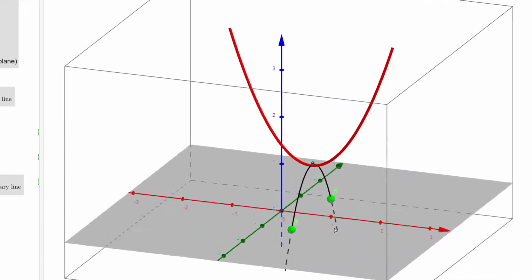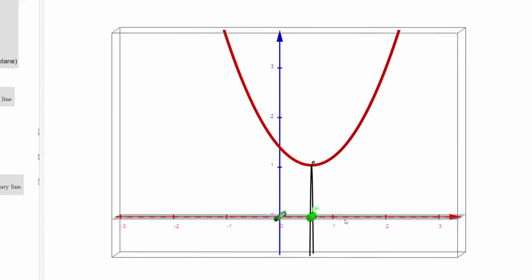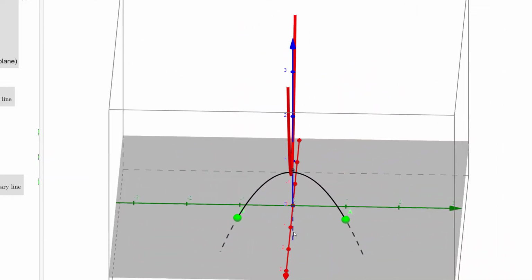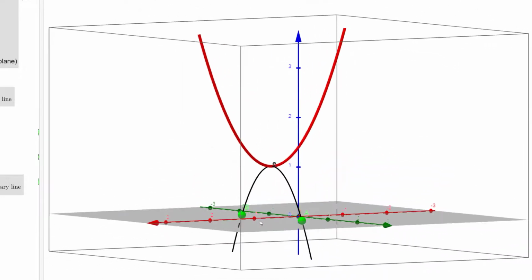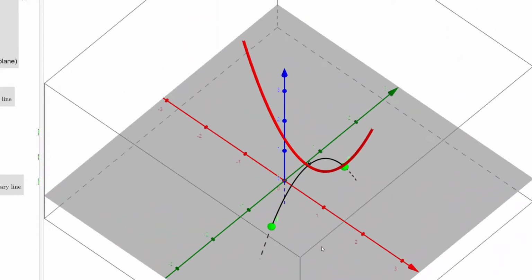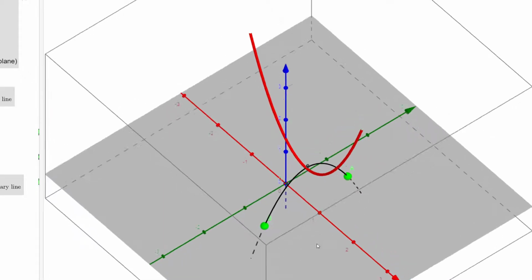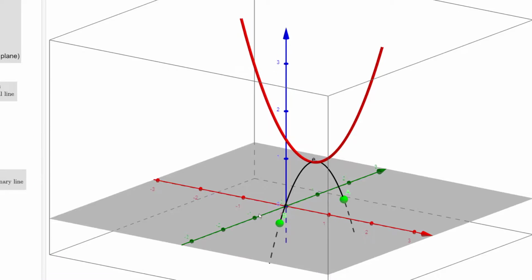So the actual zeros for this function that doesn't look like it has zeros are going to be roughly 1/2 minus i and 1/2 plus i. That is the complex system. So beautiful. Such a gorgeous system.